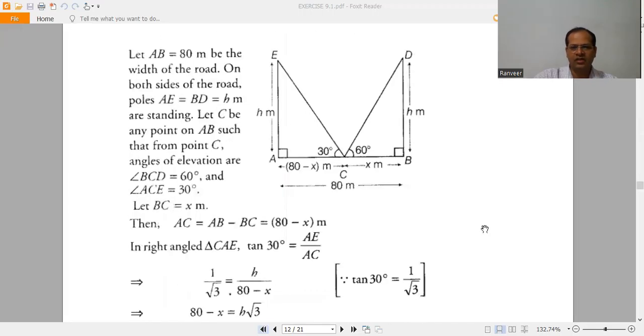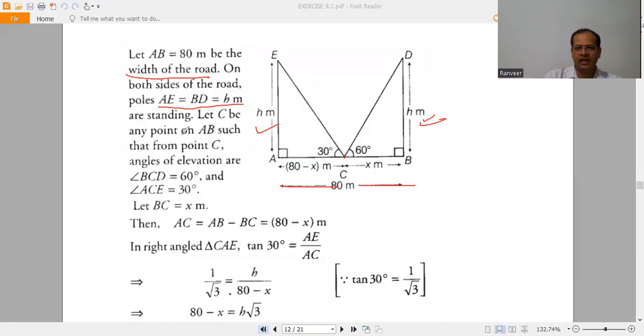Now, according to the question, let AB be the width of the road. This is the total width. On both sides of the road, poles AE equal to BD equal to H meters. This height is given. These are the two poles.